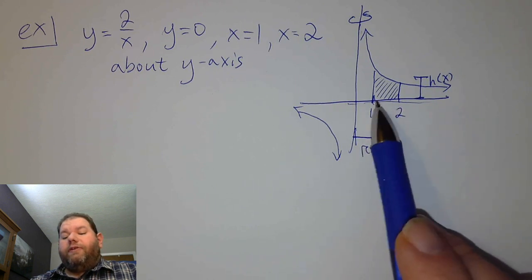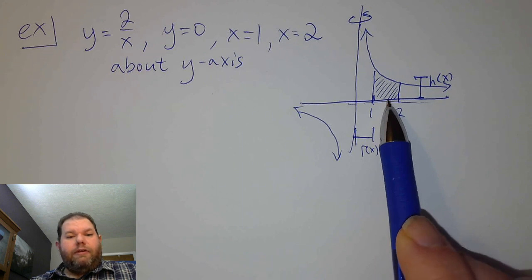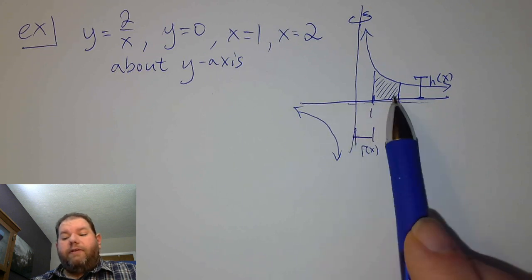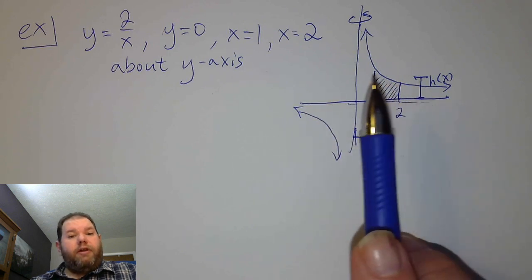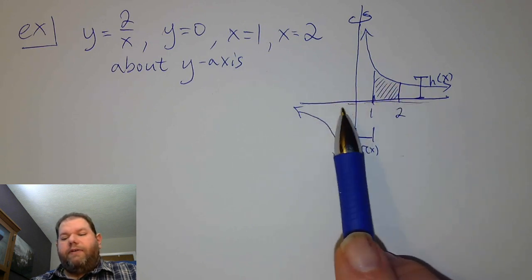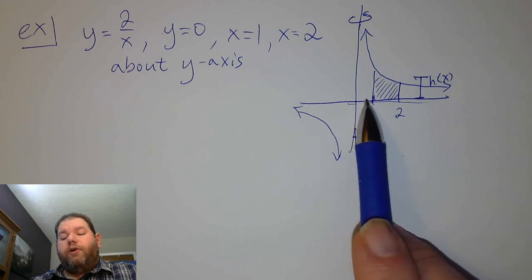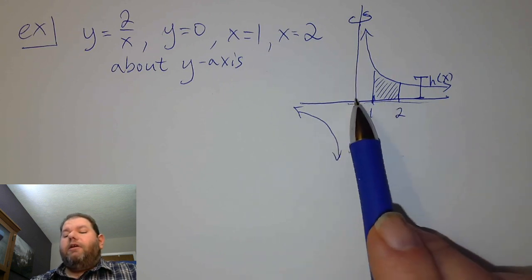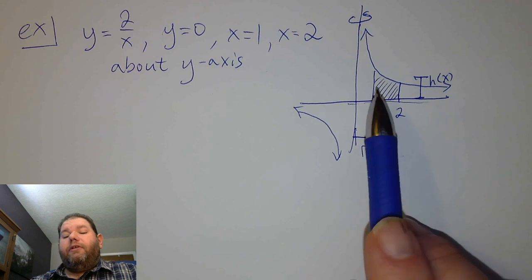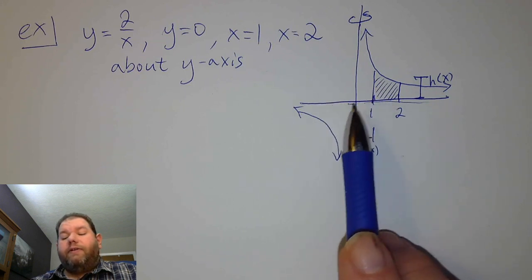And so for each of these x values from 1 to 2, that's how far that part of the graph is away from the axis, and so that's its radius as we rotate this figure around the y-axis. Okay, so x equals 1 would be a distance of 1 away from the y-axis, and we would make a cylinder of radius 1 as we revolve that around the y-axis.